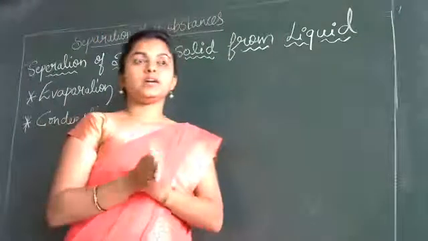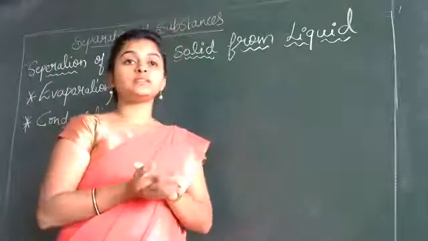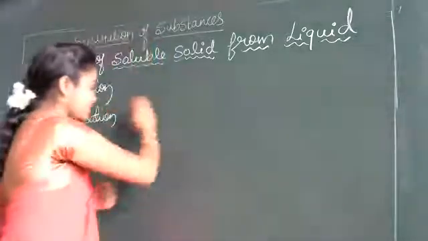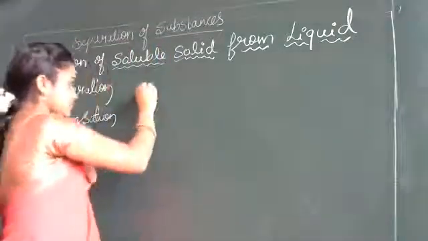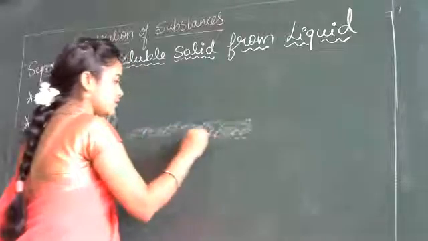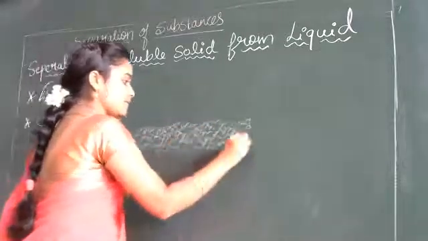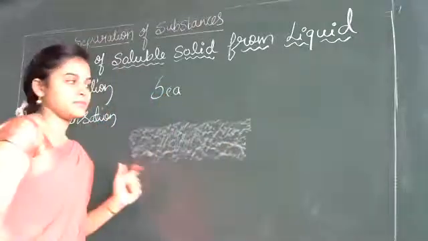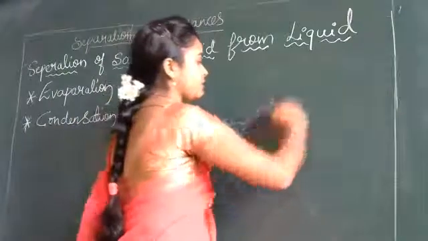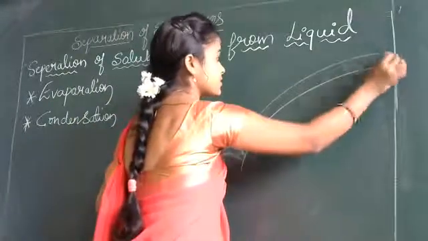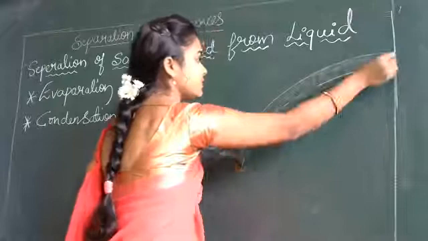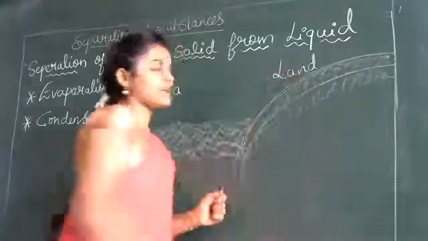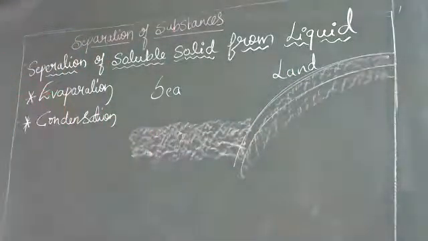Now, getting salt near the ocean or the sea. Suppose here you can see the sea water is there. This is a big sea, right? This is the ocean, and beside the ocean, what do we have? Beach, or you can say land, right?